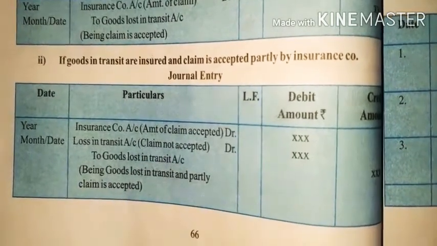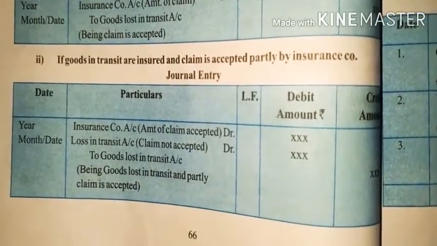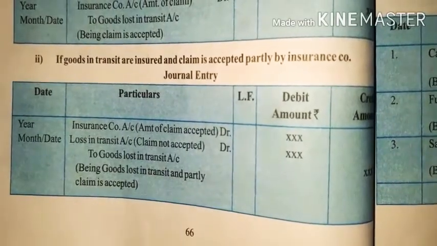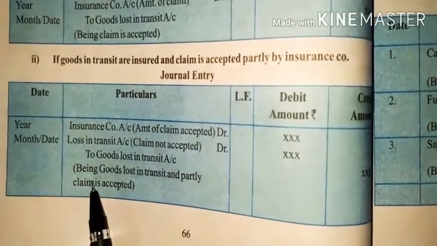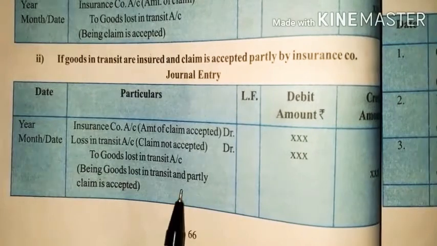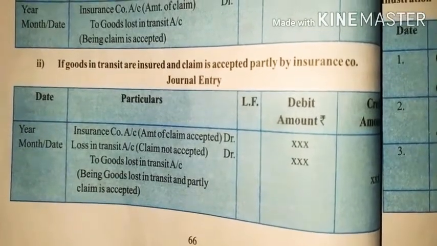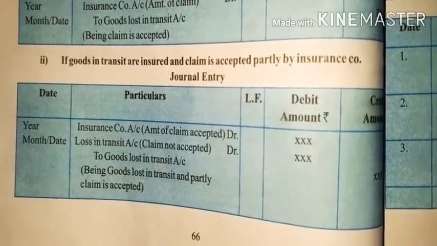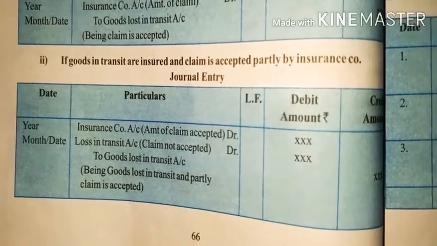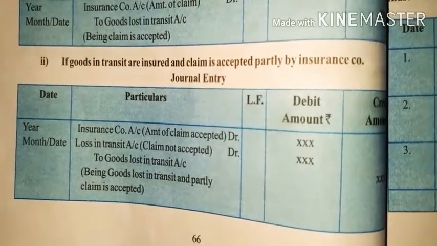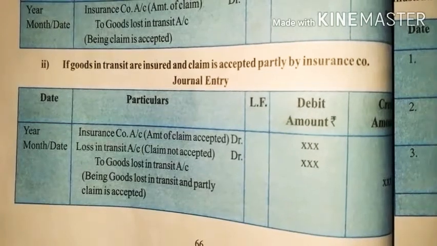To goods lost in transit account, credit effect. Goods are lost, goods have gone out, that is why credit effect. Narration: being goods lost in transit and partly claim is accepted. Now this entire transaction wholly depends on the insurance company. The insurance company is the deciding party.